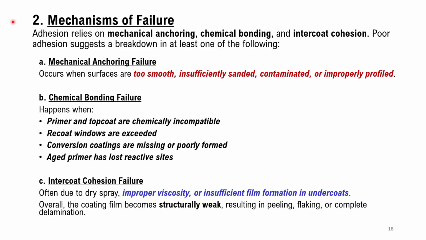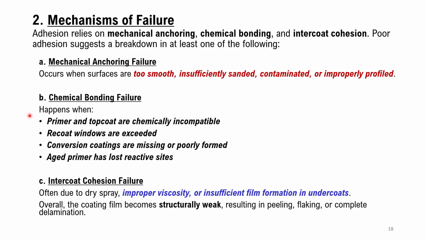Regarding the mechanism of failure, adhesion relies on mechanical anchoring or chemical bonding and intercoat cohesion. Poor adhesion suggests a breakdown in at least one of the following. In the first case, mechanical anchoring failure. It occurs when surfaces are too smooth, insufficiently sanded, contaminated, or improperly profiled.